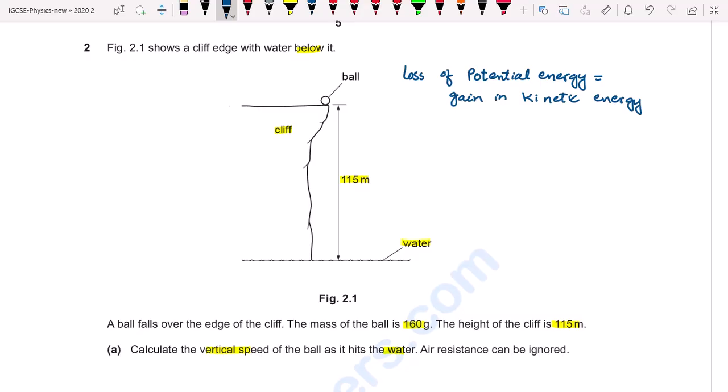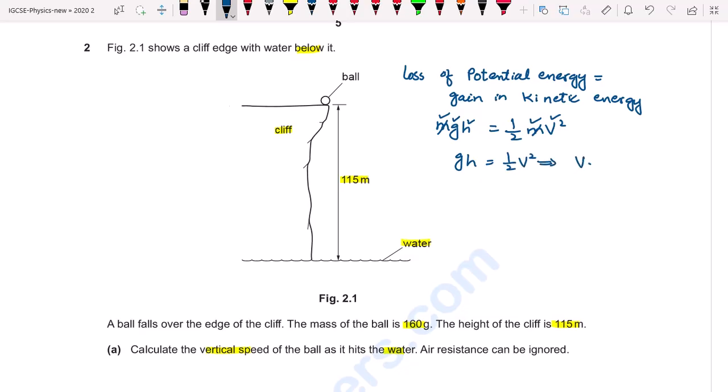So the formula of potential energy is mgh. It will be equal to gain in kinetic energy, and kinetic energy is equal to 1 over 2 mv square, where m is the mass, v is speed, g is acceleration due to gravity, and h is the height. So we have to put the values in this equation. The m is cancelled and it comes to be gh equal to 1 over 2 v square.